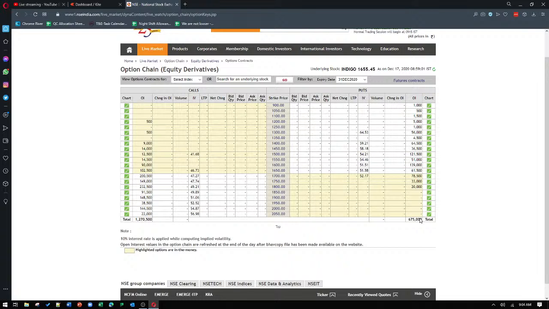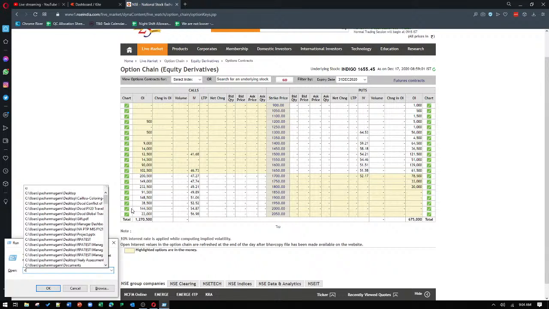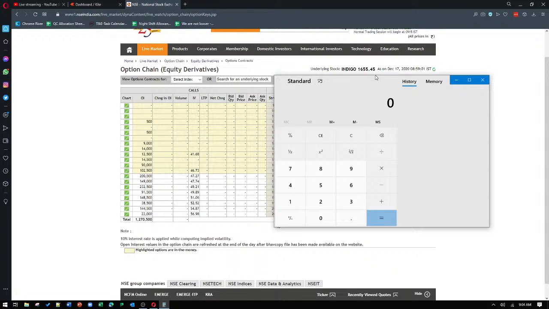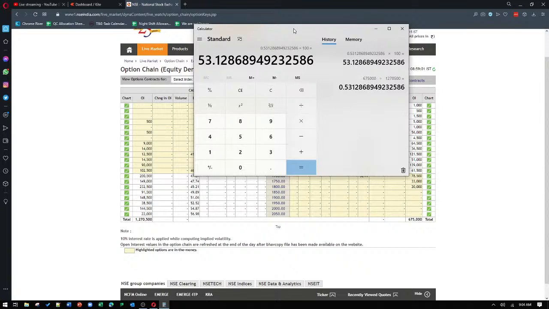So by looking at the volume on the put side and the call side, I would say 3,675,000 divided by 1,270,500 into 100. So this is actually 53, or 0.5. So this is still weak when we look at the PCR.